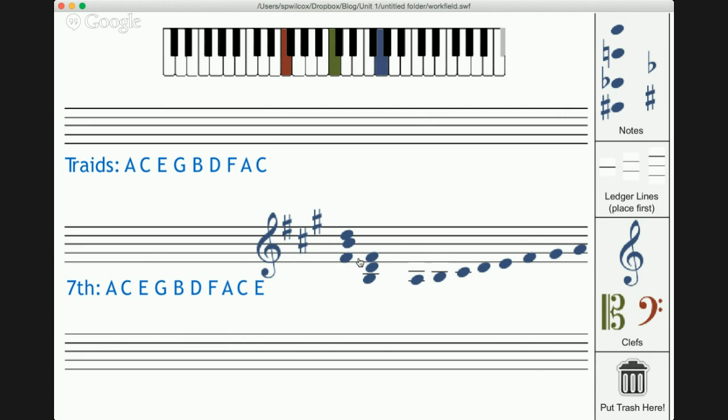But if I look back at this, what's the inversion here? We know it's a B triad, but what inversion is it? Well, you can look here, right? Root position, first inversion, second inversion. The F is in the bottom, so second inversion. But you can also see 1, 2, 3, 4. The generic interval between the bottom two notes is a fourth.